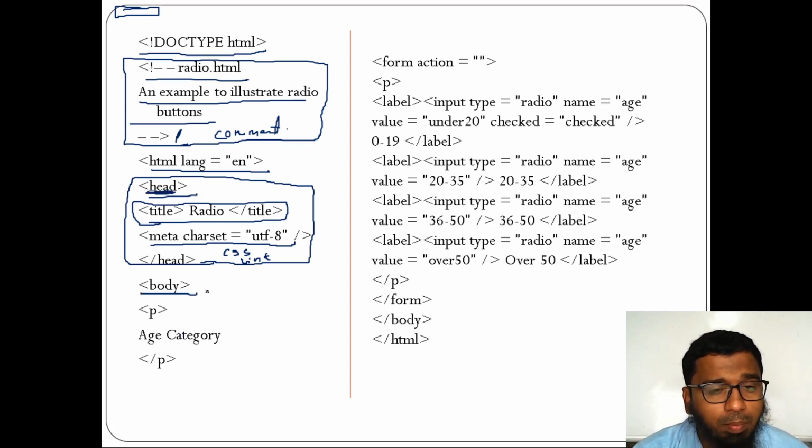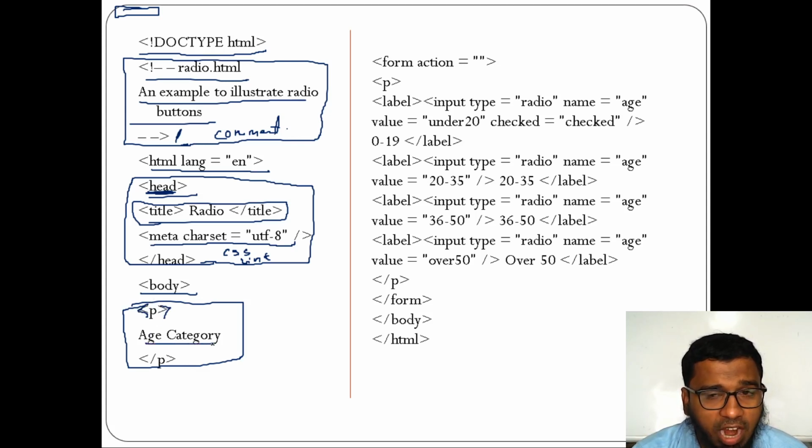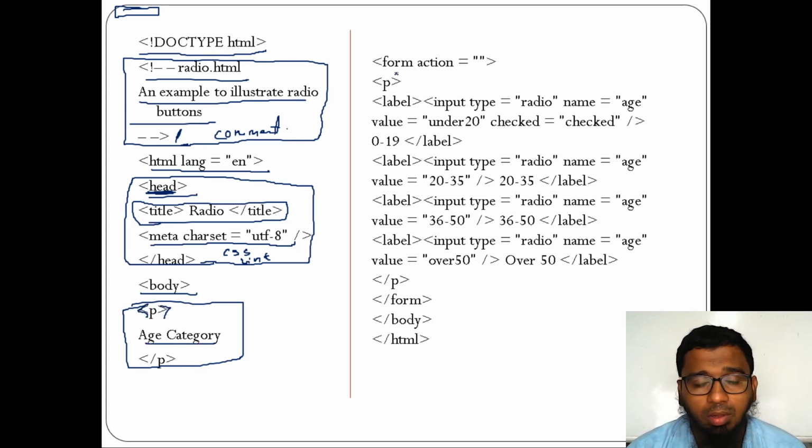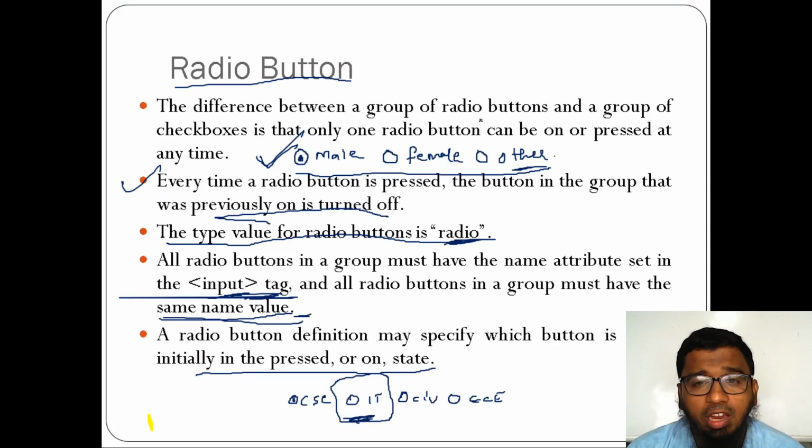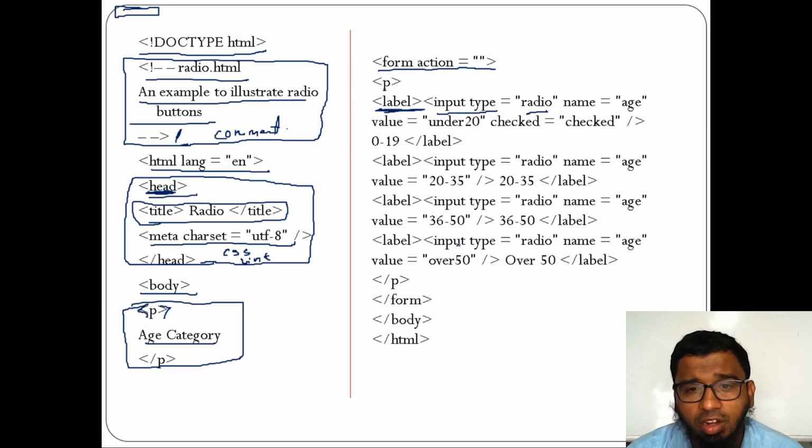Now the main part is the body. Here we are taking the example of an age category. First I took a paragraph and wrote the age category. Next I am creating the form. In the form, a paragraph, label, and input type radio. What is the input type? Input type is radio. Name equals age, because that is what I am looking for.